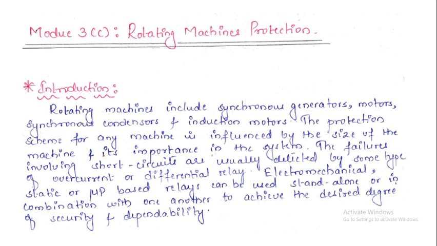The protection scheme of any machine is influenced by the size of the machine and its importance in the system, whether to give more protection to the generator, to the motor, or to the synchronous condenser. These all depend on parameters such as the size of the machine and its role in the operation of the power system.